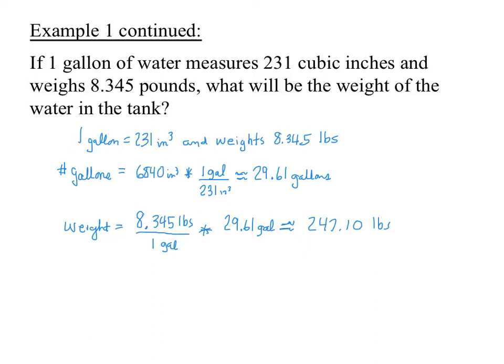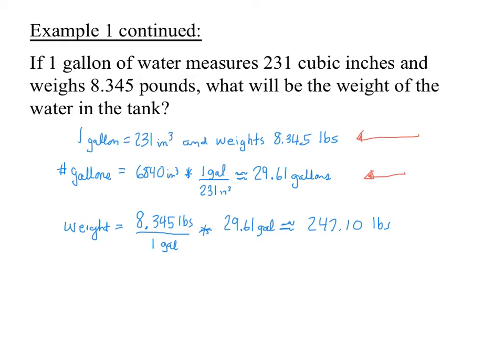Well, we have to break this up into two pieces. We know that this is the strategy. First of all, 1 gallon is equal to 231 cubic inches and is equal to the weight of 8.345 pounds.